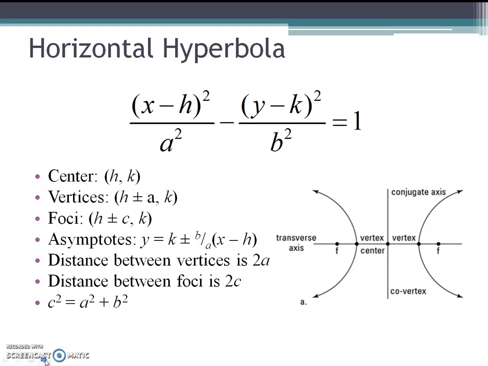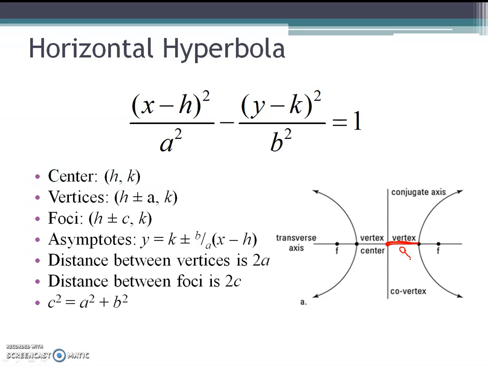So here is the equation of a horizontal hyperbola. Notice you have an x squared term and a y squared term, but you have a negative in between them. You still have an h and k to determine the center. You still have an a value, which is going to help us find the vertices. So once again, the distance from the center to the vertex is a.